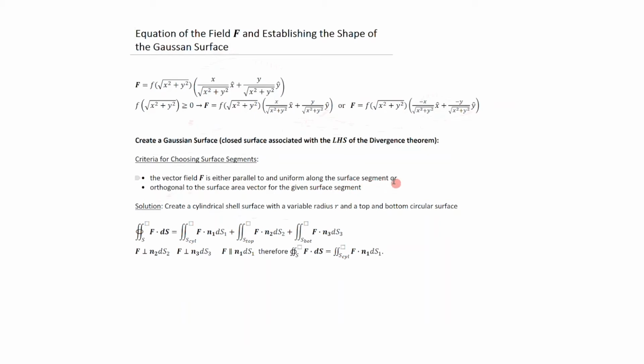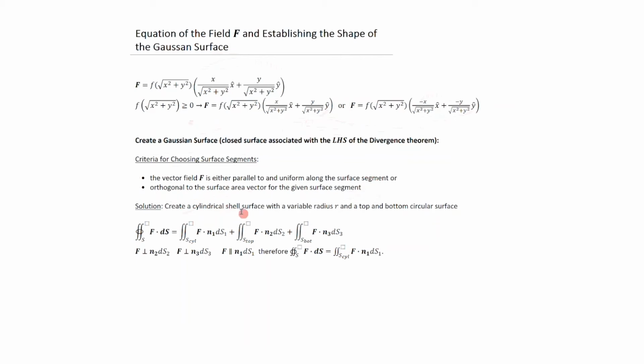As I said, we will have 3 segments to create a closed surface: an exterior cylindrical shell, a top circular shell, and a bottom circular shell. So we want to make sure that we're dealing with fields that are either parallel or perpendicular to surfaces, as shown in the second bullet point here. The surface that we've chosen in the case of cylindrical symmetry achieves both of these objectives.